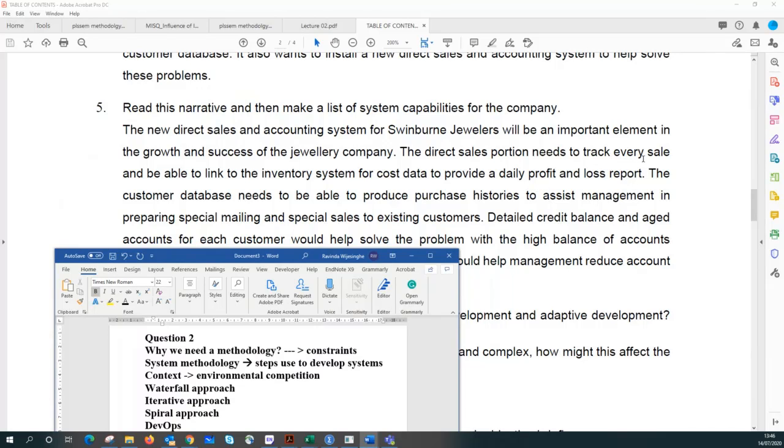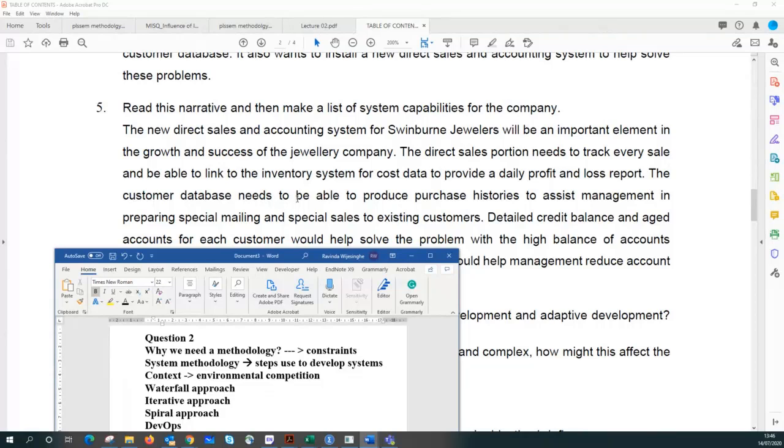They want to track every sale that links to every inventory item. So we may have different product categories, and what they want is to link sales by product category and construct a profit and loss statement for each product category.